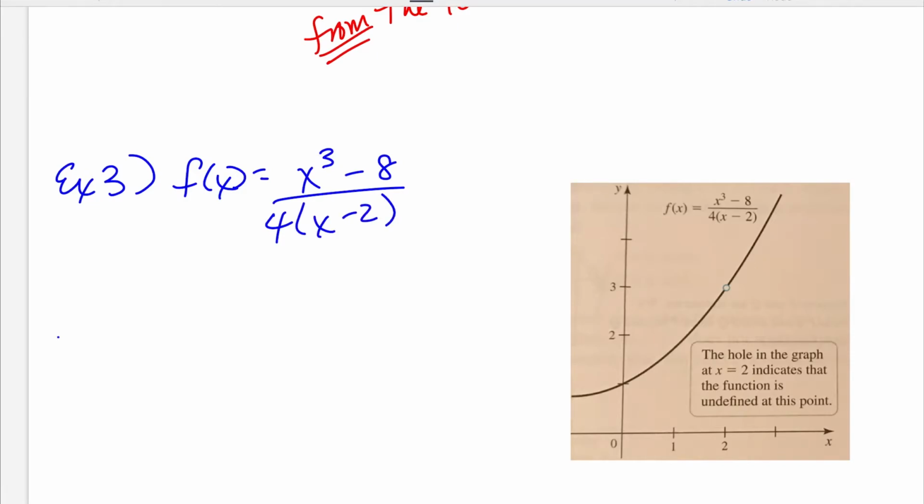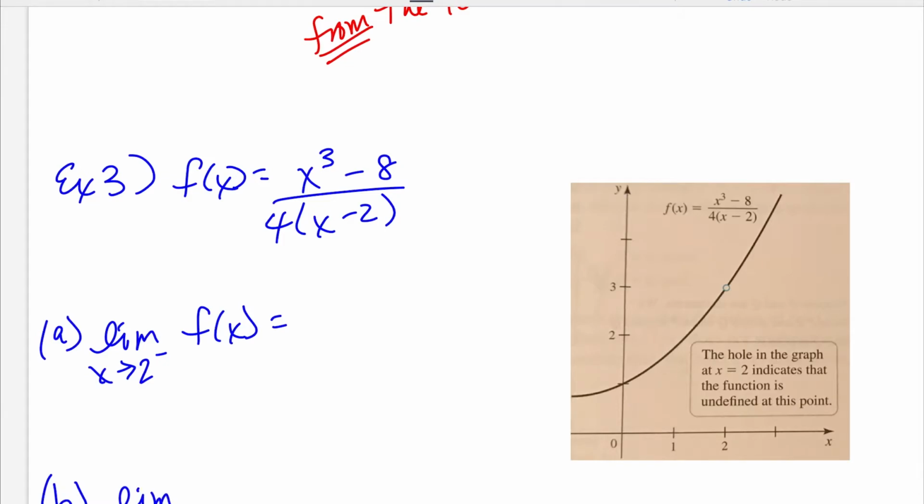And I am charged with A, finding the limit as x approaches 2 from the left of my function. I'm just going to write f of x. And I'm charged with finding the limit as x approaches 2 from the right of my function. What is happening at 2?